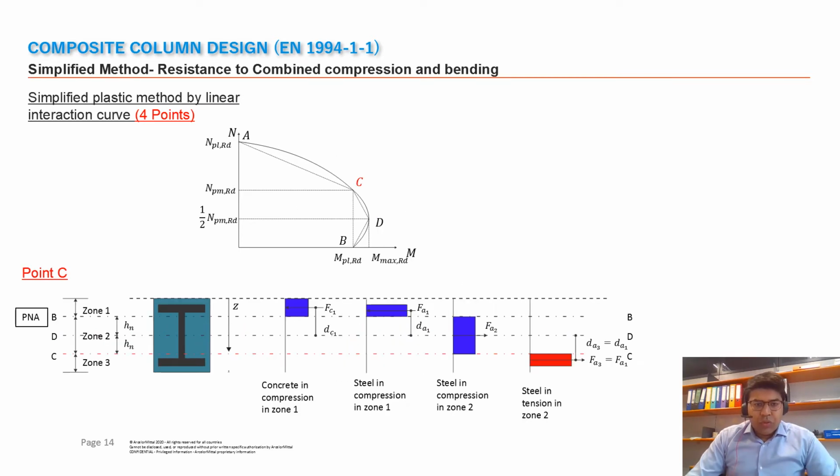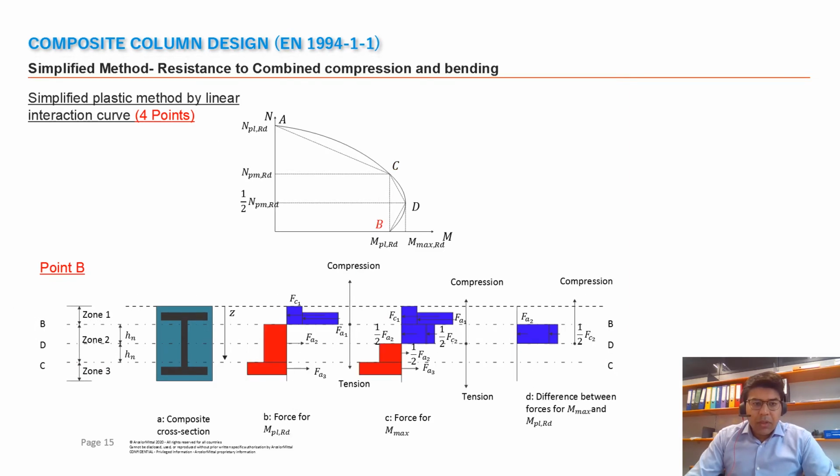Coming to point C, this is the point for a normal force corresponding to which we have the plastic bending resistance M_pl,Rd. And point B on this interaction curve is where the cross section has no normal force capacity, but only the bending resistance.